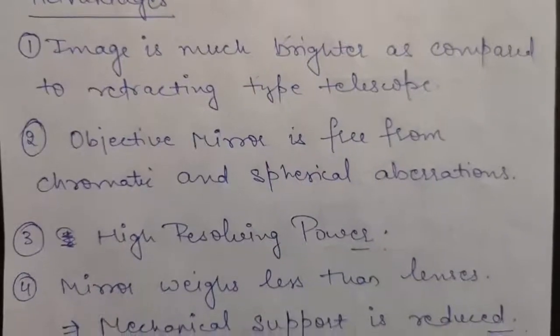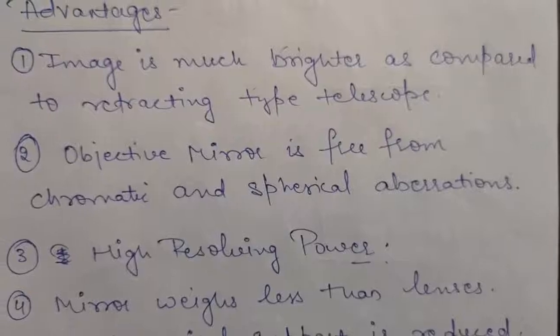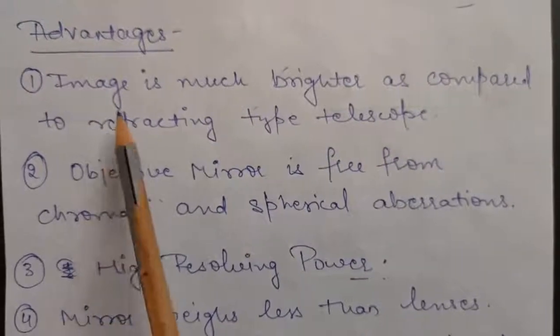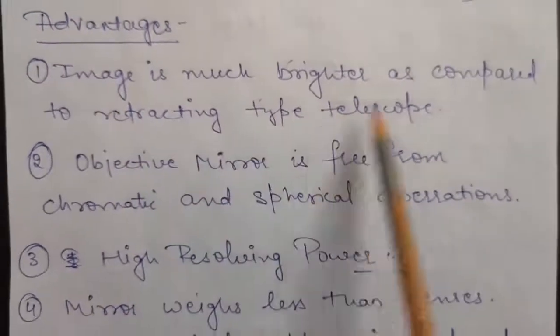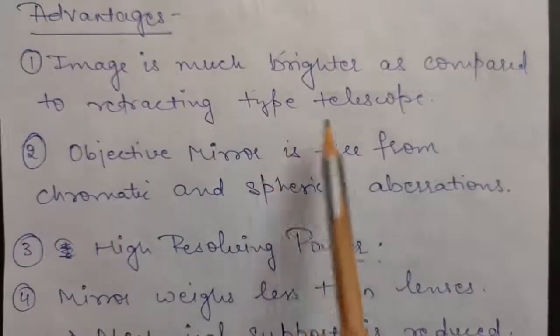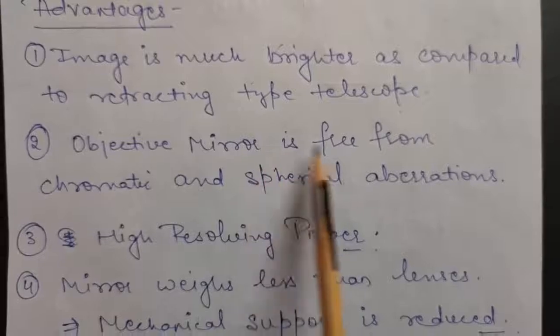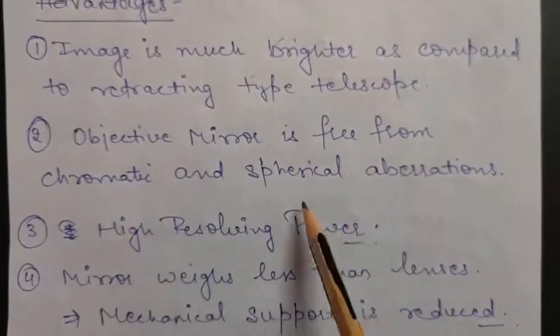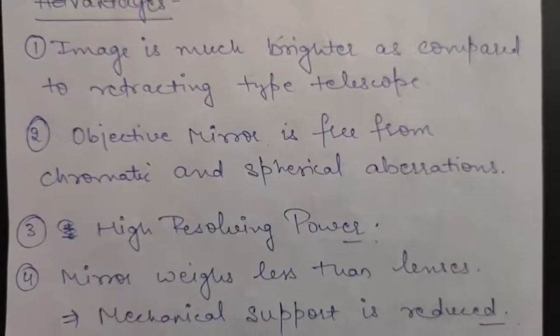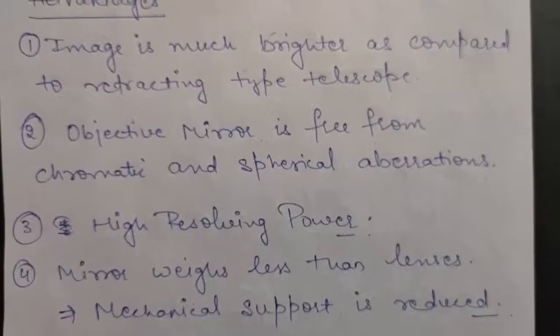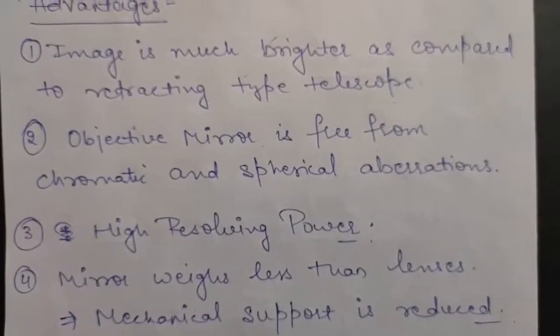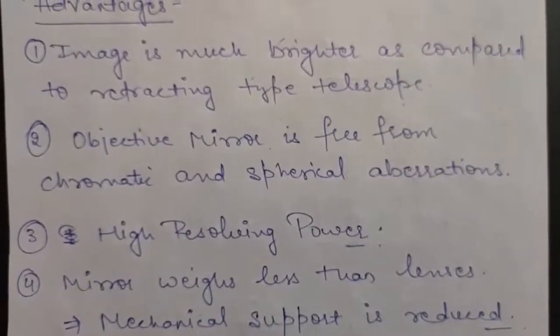Now the advantage of this telescope is that its image is much brighter as compared to the refracting type telescope. Second is that the objective mirror is free from chromatic and spherical aberrations. That is, the objective mirror which we are using is free from any aberrations, therefore the image is much brighter.